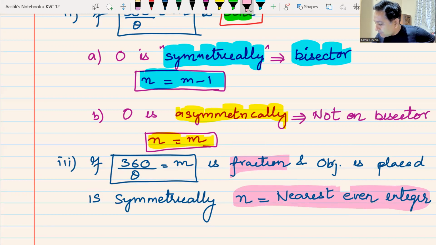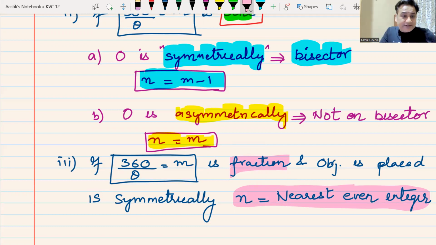These all things you'll have to note down and keep in your memory forever. If it is a fraction beta and the object is placed symmetrically, it will be equal to the nearest even integer.